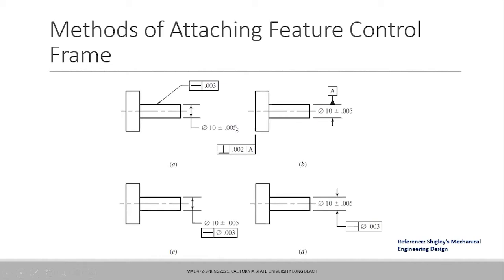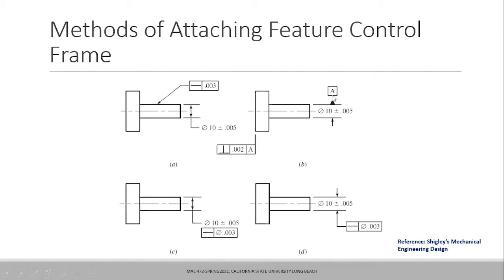So there is no information that is going to be used from this 0.003 specification mentioned in this feature frame on the size. The size is controlled by this dimension alone. Nothing is going to change it. This feature frame controls the straightness of this line as shown in this view. That's it.